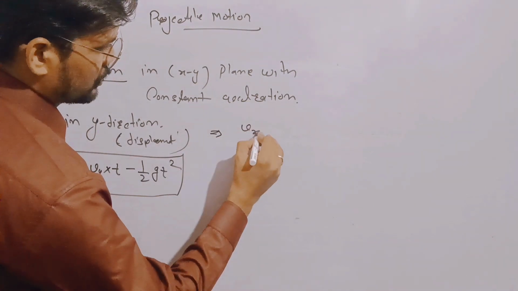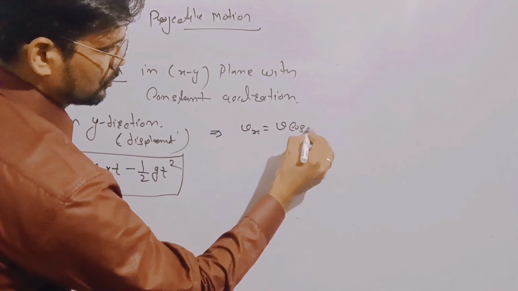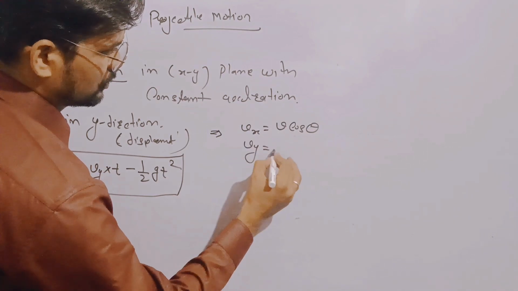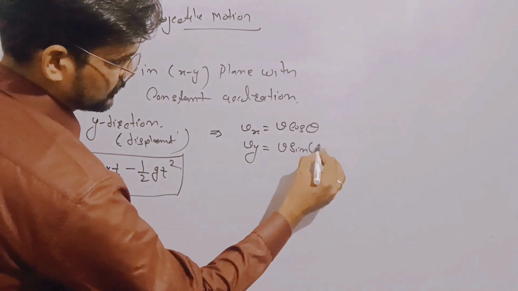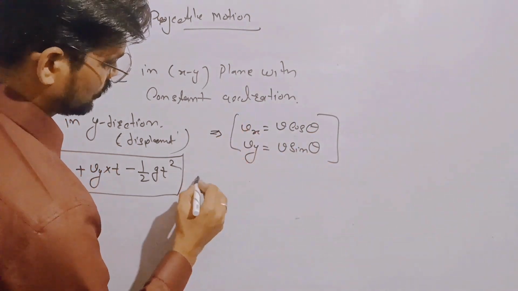So next, vx is equal to v cos theta and vy is equal to v sin theta, the components of the velocity in the x and y directions.